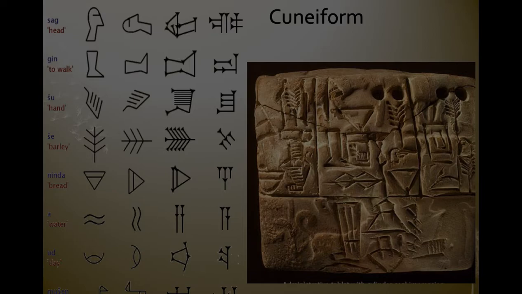Yeah, so this writing system, cuneiform, consists of pictograms pressed into clay with a stylus to create inventories. The Mesopotamians, more specifically the Sumerians, refined this writing system into a series of wedge-shaped signs known as cuneiform.